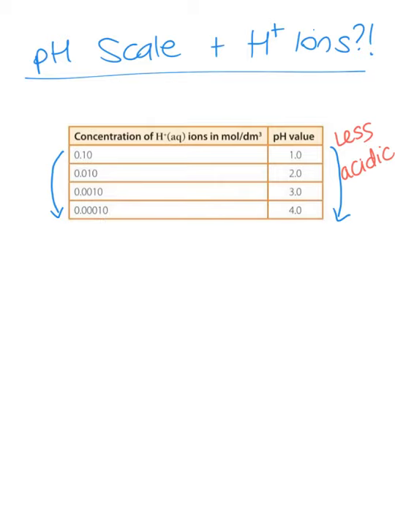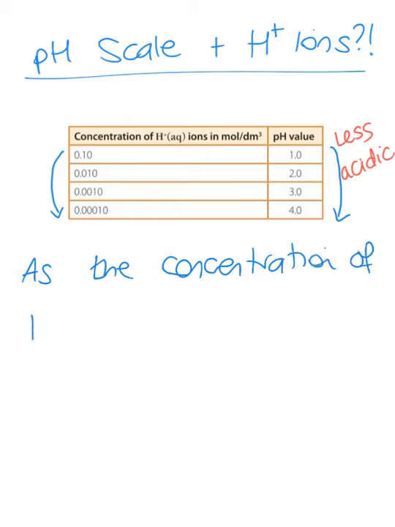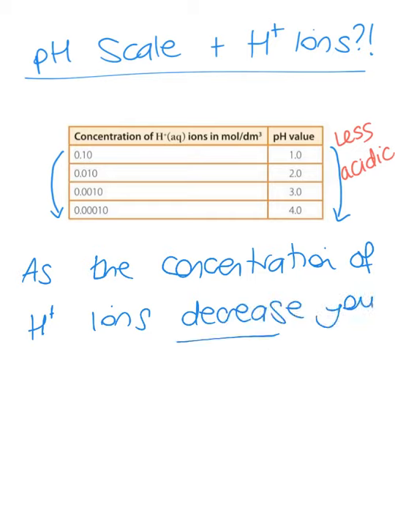Okay, so really let's just write this out for you. So as the concentration of H plus ions decrease, you increase the pH. Okay, so the more H plus ions you have in solution, the lower the pH value.